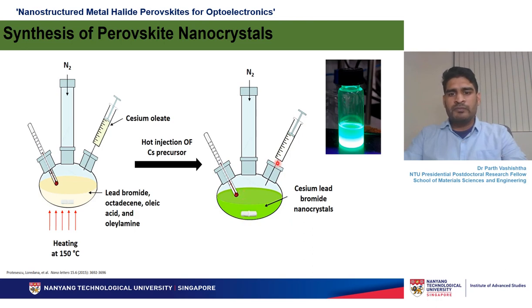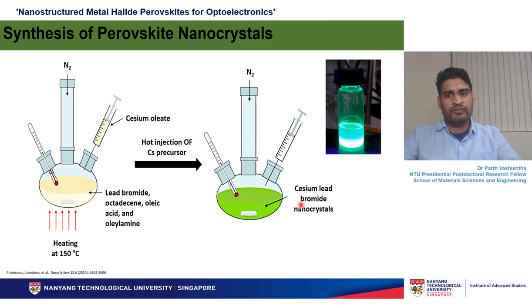So the advantage of this method is we get a consistent size of nanocrystals throughout the reaction, because the growth of the nanocrystals happens at a lower temperature than the nucleation, which allows the monodispersed formation of nanocrystals.